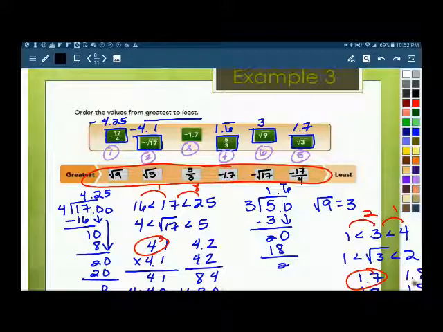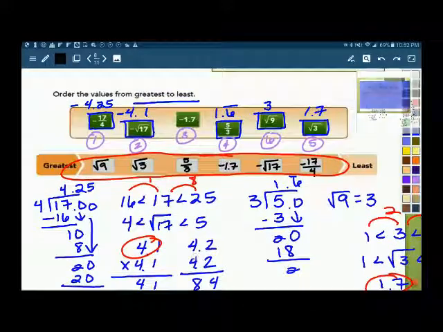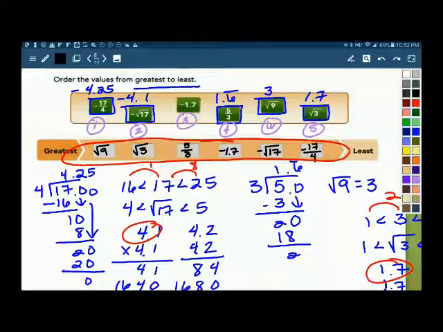So I labeled 1 the smallest number, 2 the next smallest. And then in order to put them in greatest to least, I just counted backwards. So I listed the 6th one, then the 5th one, then the 4th one, and that just helped me order these numbers. And please, please, please notice that I wrote them in their original forms. Do not write them in their decimal versions as your answer.